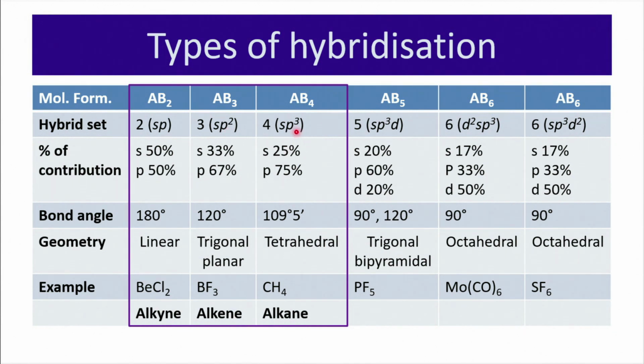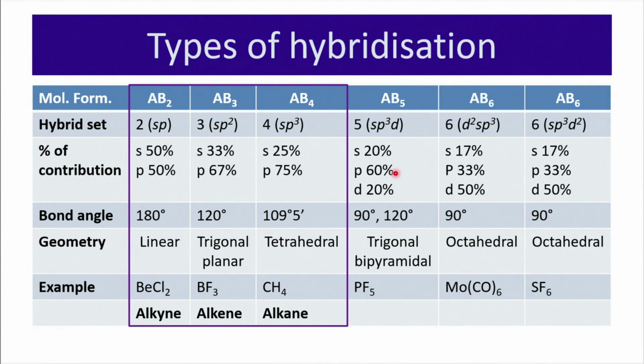The next one is sp3 hybridization, which is very common for many organic compounds. Here we have 25% s orbital contribution and 75% p orbital contribution in the sp3 hybridized orbitals. The bond angle is 109 degrees 5 minutes, and tetrahedral shapes can be explained by sp3 hybridization. An example given here is the methane molecule; alkanes especially have sp3 hybridization.